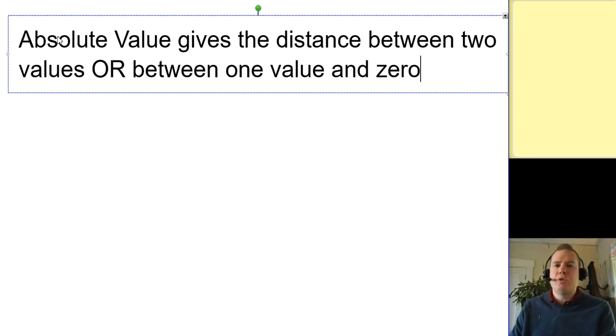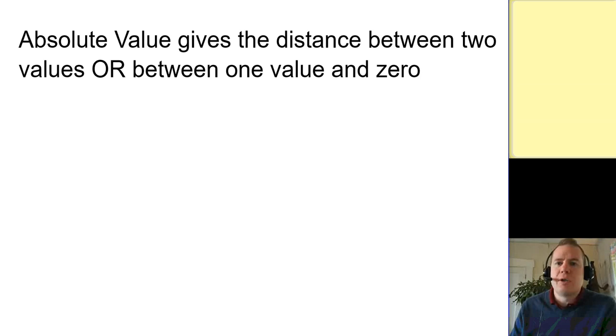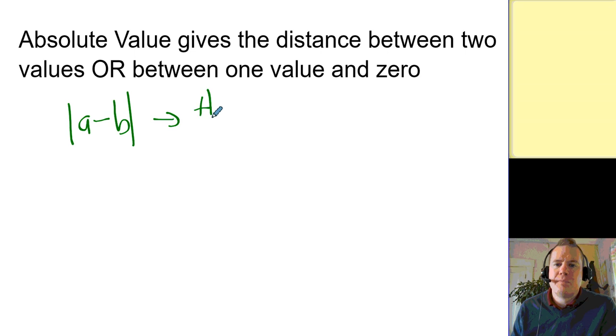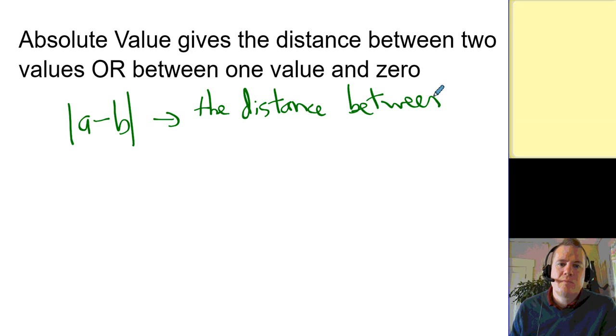Right? They're kind of two paradigms for absolute value. One is this, the distance between A and B. We'll get into that more when we define subtraction.